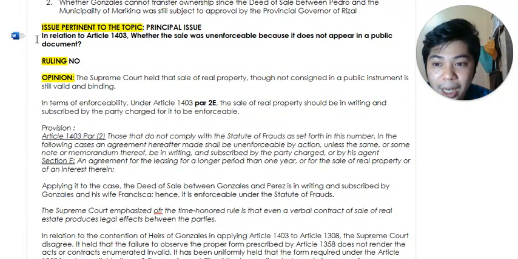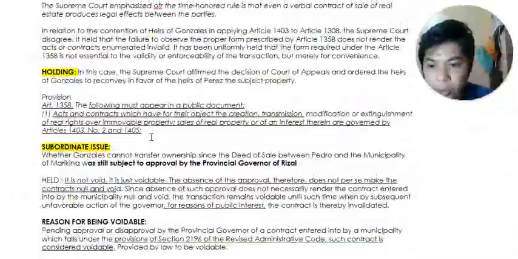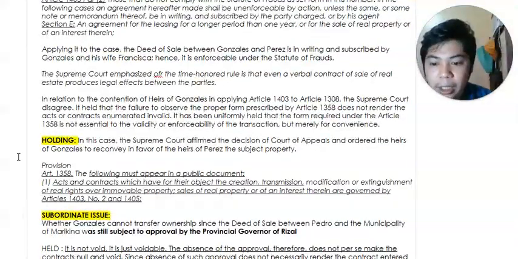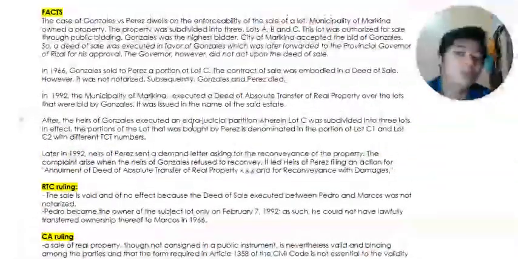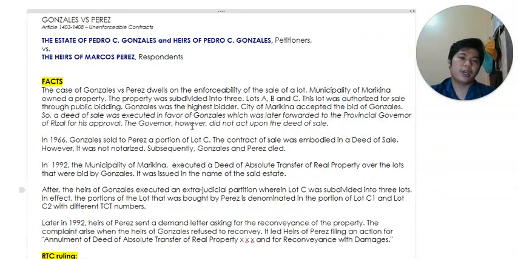The issue, ruling and opinion must be connected. Then the holding, then if there are any subordinate issues, provide them. So that's how you make a case digest.